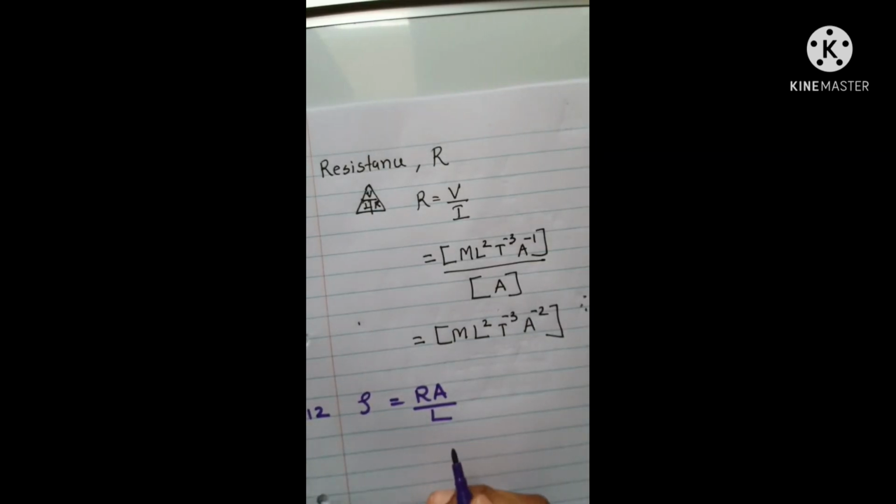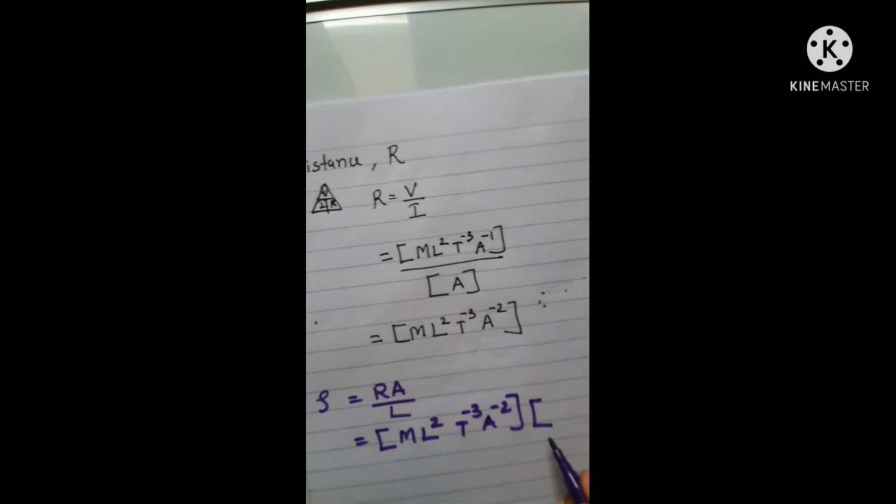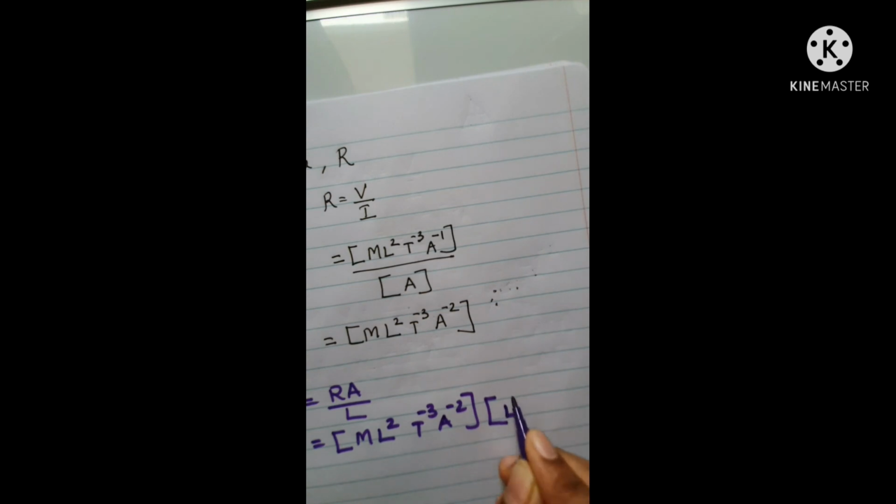This is the 12th physical quantity, resistivity. We know resistivity rho is RA by L. Already we found resistance dimension formula R. So that as it is we will be writing ML²T⁻³A⁻² into A. A means area, so L² divided by L. So one L and L will cancel.